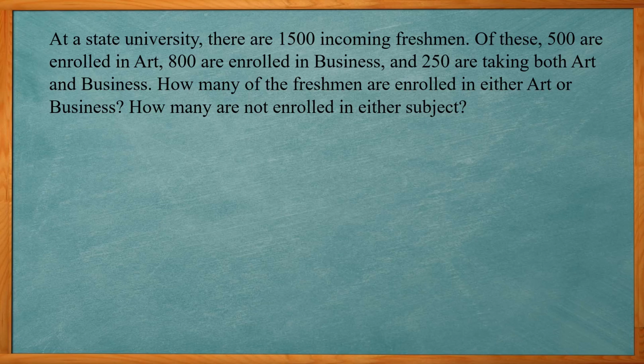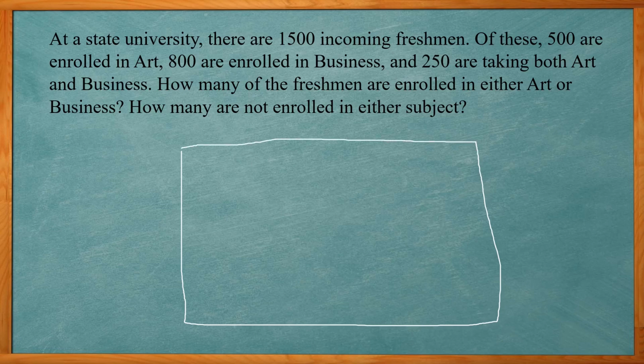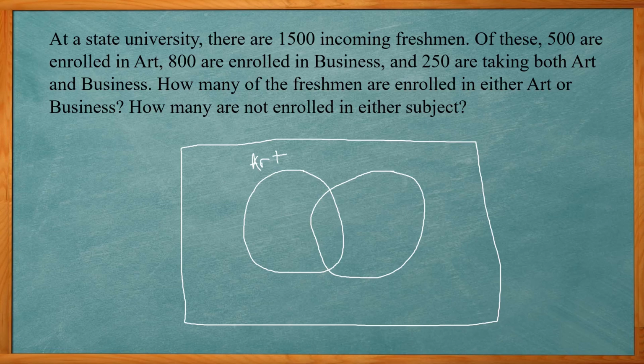So let me draw my diagram. And we know the 2 circles for art and business overlap. So I'm going to draw it like this. And that intersection is people taking both art and business.